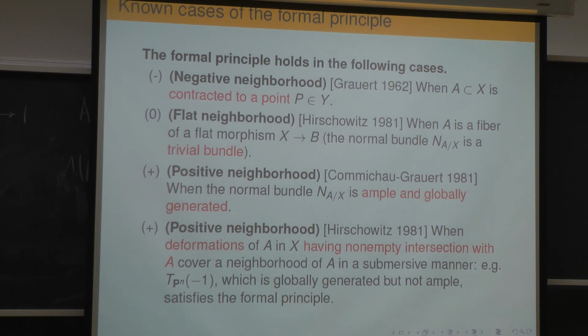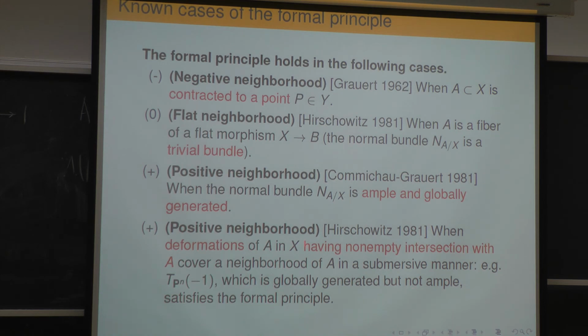And almost at the same time, Hirschowitz obtained a slightly different condition in the positive neighborhood case. What he showed was that if deformations of A in X having non-empty intersection cover a neighborhood of A, then the formal principle holds. This is a more geometric condition, a geometric version of positive neighborhood.